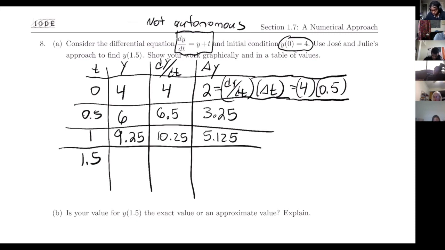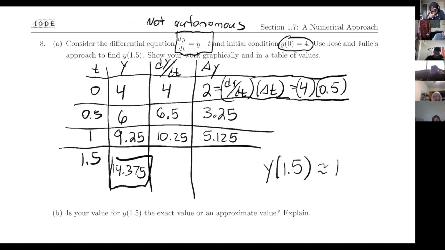Very dangerous doing math in my head. And then just add it back down. This would give us 14.375. And then we could stop, right? Now we've got at 1.5 using this method, y is approximately 14.375.